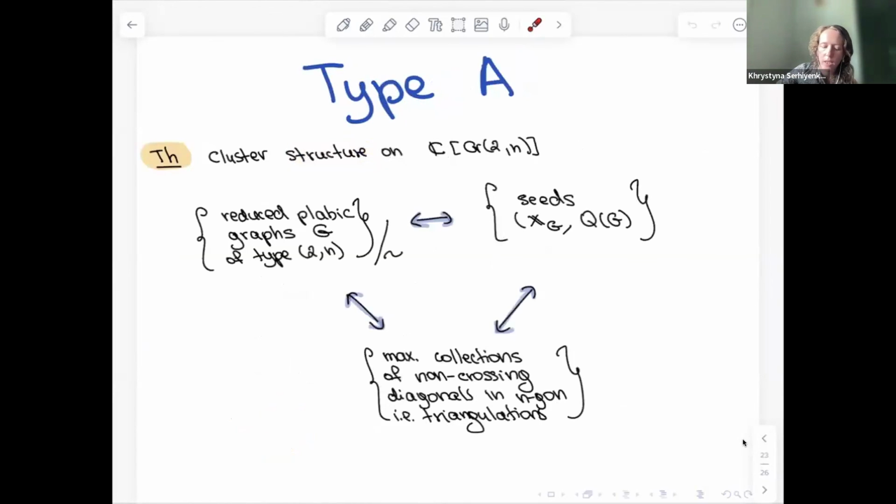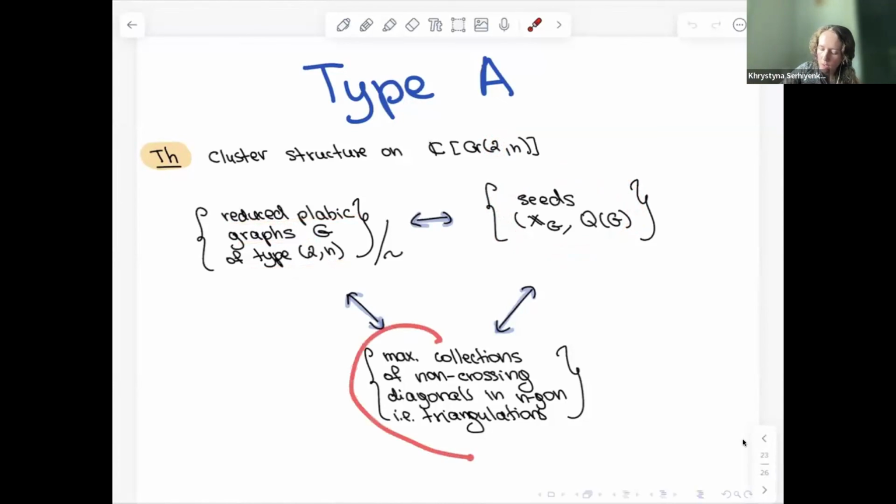And so this very nice bijection we had from the previous slides, which was talking about the cluster structure on the coordinate ring of the Grassmannian. So in the special case where k is 2, not general k, then on this side, we have all the seeds of the cluster algebra, because all of them are actually associated to Plücker coordinates, so we don't have to have that special condition here. So if you want to know all the seeds of the cluster algebra, they correspond again to reduced plabic graphs of type (2,n).